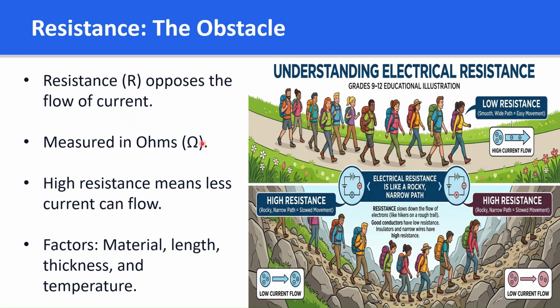Does a long wire have more or less resistance than a short wire of the same material? The answer is more resistance, because the charges have to travel through more obstacles. Factors like the material, the length, thickness, and temperature can affect the resistance of the electric current.